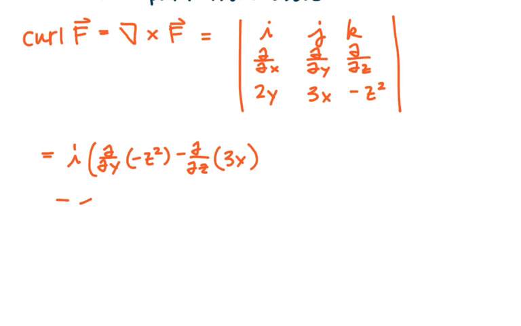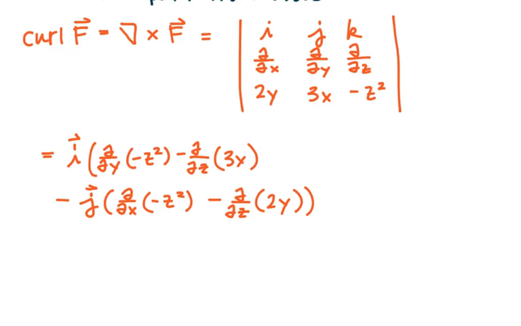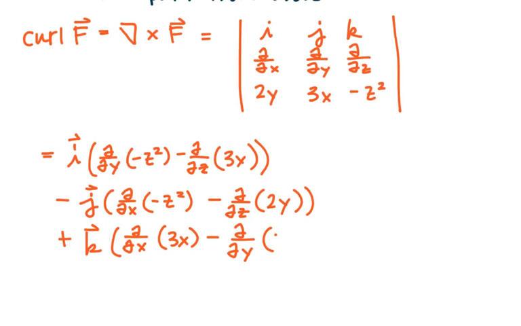And then we'll have minus j. It's always that minus second. So minus j partial with respect to x of negative z squared minus partial with respect to z of 2y, and then plus k, which is partial with respect to x of 3x minus partial with respect to y of 2y.